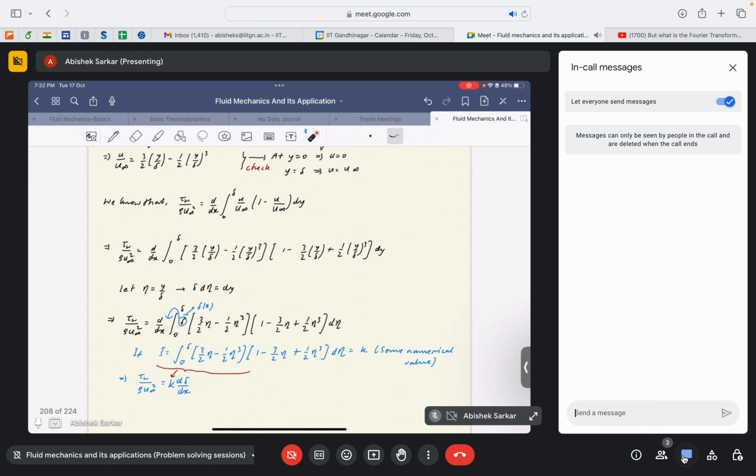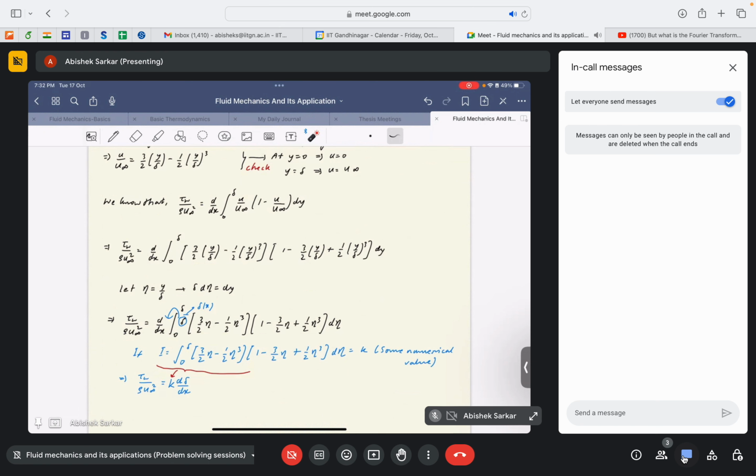So keeping that in mind, we substitute the transformed variable to get this equation. Since delta is a function of x and not of eta, where eta is y by delta, we can take delta out of this integration and do the integration in terms of eta.